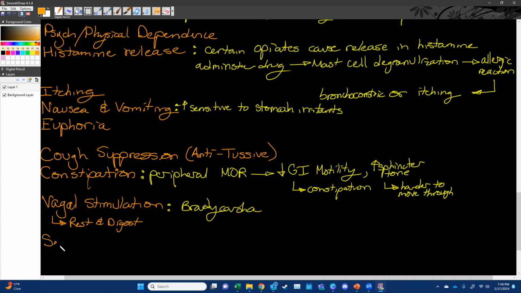And then lastly, we have sedation and hypnosis, which I think you might have talked about hypnosis so far, but we'll talk about it later. What ends up happening here is that we decrease brain activity.